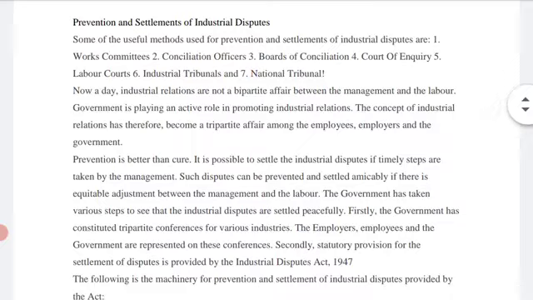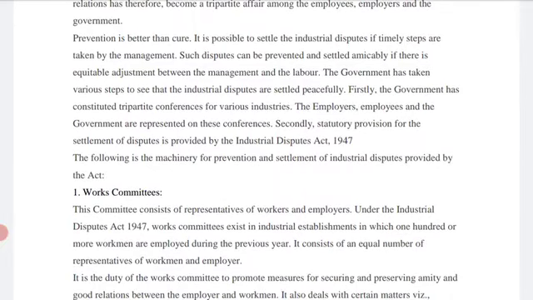The following is the machinery for prevention and settlement of industrial disputes provided by the Act. There are various committees appointed by the government, or provided by the statute, through which, if something goes into conflict or dispute, it will be resolved at that moment itself.